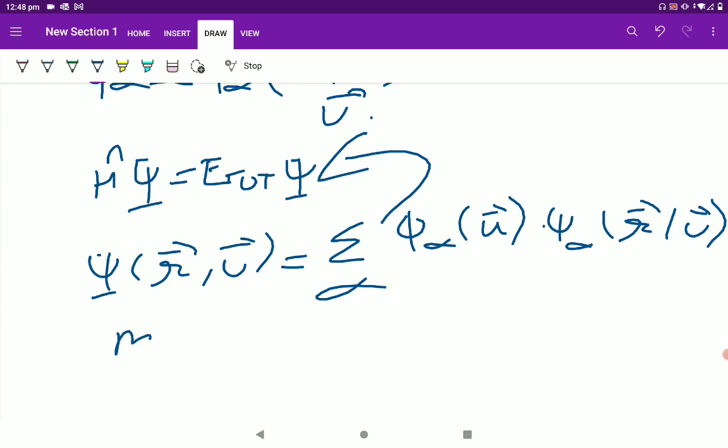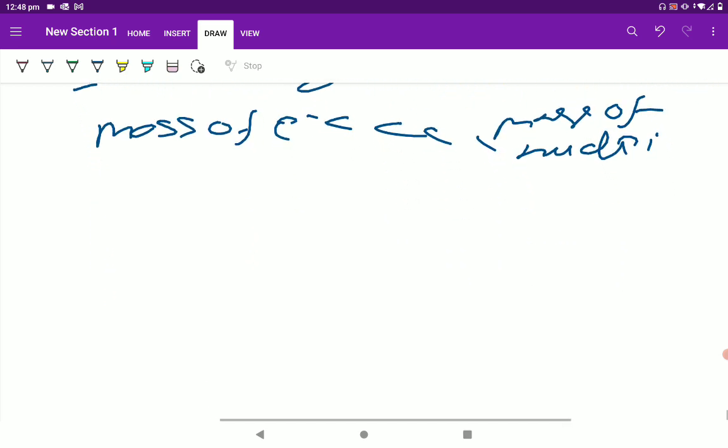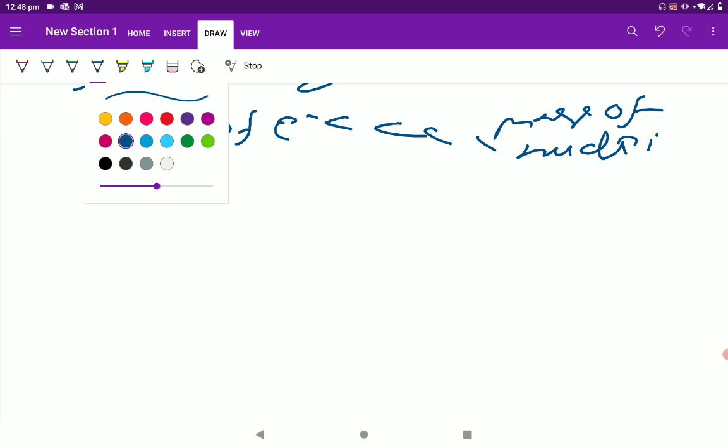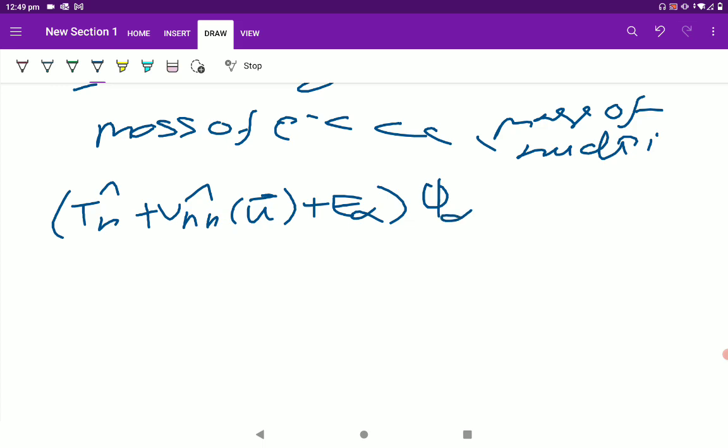That is, the mass of electrons is very much less than the mass of nuclei. So what you get is the equation for phi, that is the wave function of the ions. So the equation we get is this equation. So from the equation, we find the eigenfunction of the ions and we find the total energy.